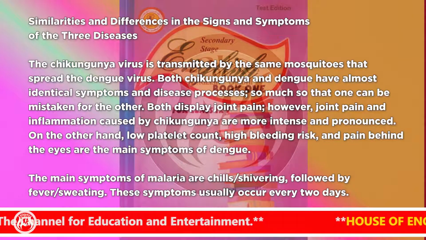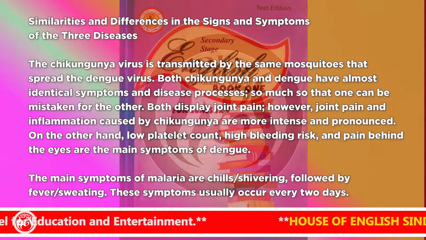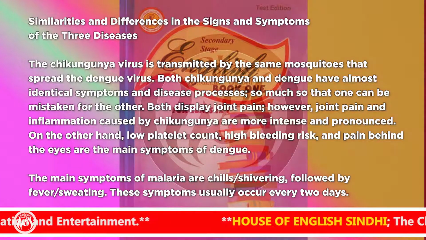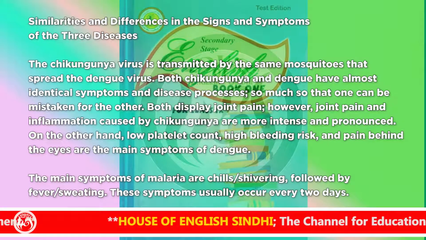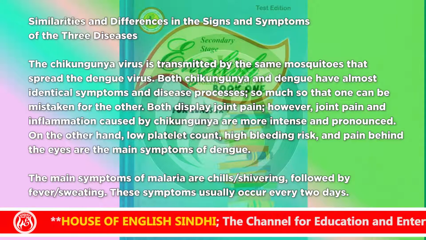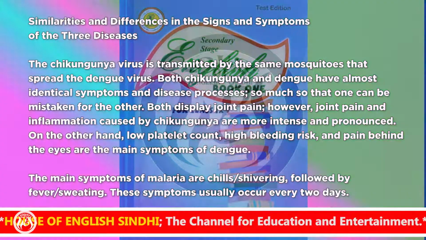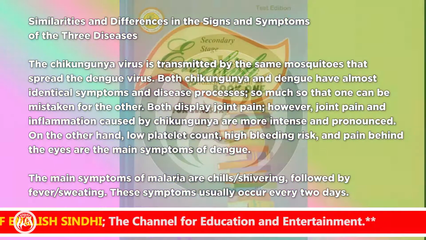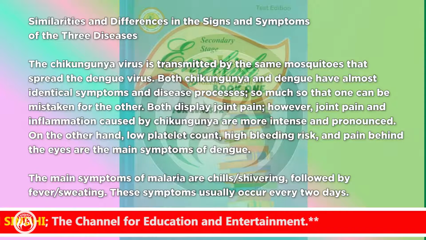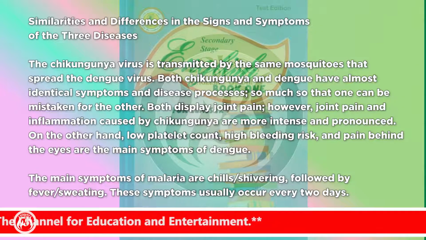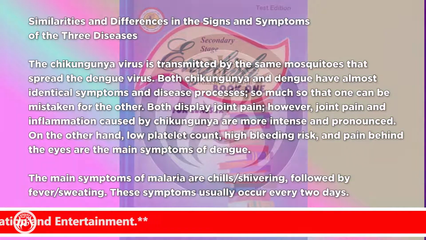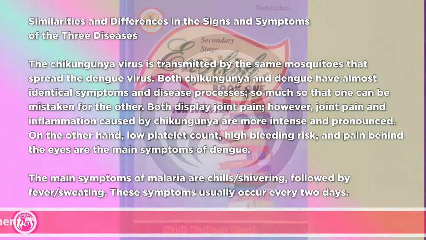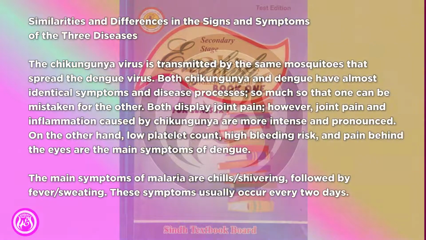However, joint pain and inflammation caused by chikungunya are more intense and pronounced. On the other hand, low platelet count, high bleeding risk, and pain behind the eyes are many symptoms of dengue. The main symptoms of malaria are chills, shivering, followed by fever, sweating. These symptoms usually occur every 2 days.